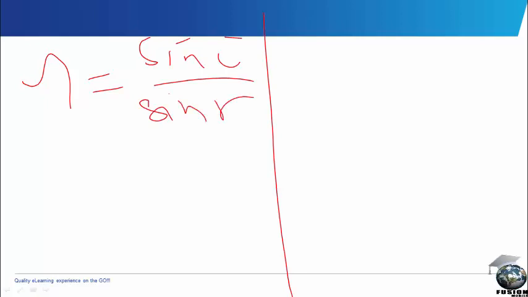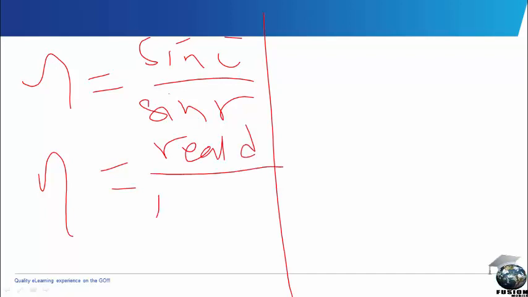Secondly, refractive index can be given as real depth over apparent depth. Real depth over apparent depth is also the refractive index.